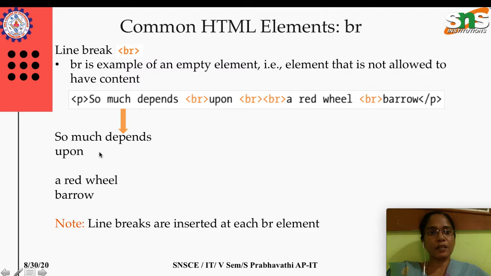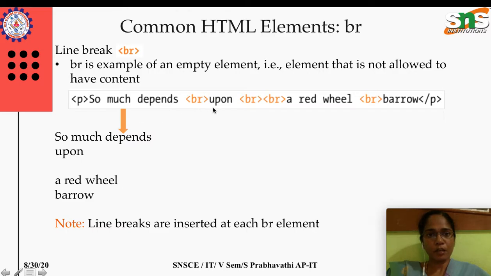It is mainly used to give a line break. In this paragraph we have given a break here. When we render this line in the browser, we will have an output something like this: so much in one line, then a break, which means the remaining part will be in the next line.